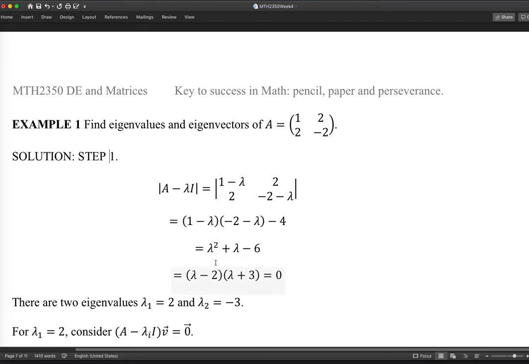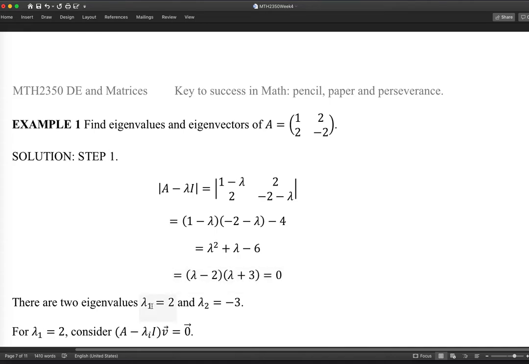And then it can be factored. The characteristic equation is obtained by setting the determinant equal to 0. So we have the quadratic polynomial equal to 0, and the quadratic is factored.